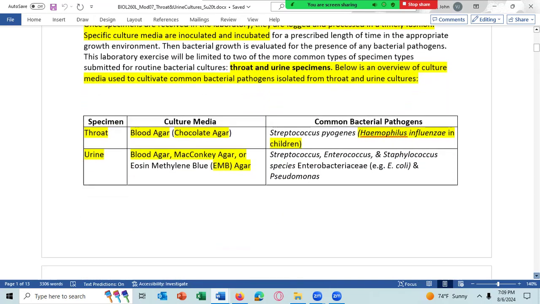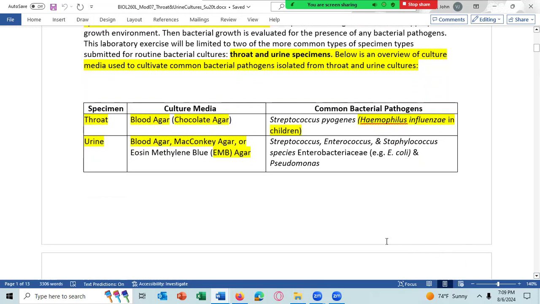For the throat specimen, for adults, there's really only one culture media that needs to be used, and that is blood agar, where we're looking mainly for Streptococcus pyogenes, a common bacterial pathogen found in the throat.